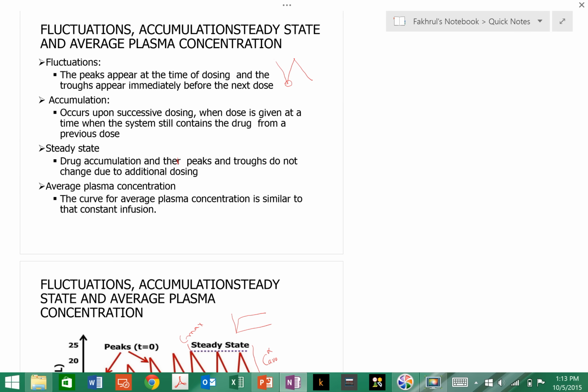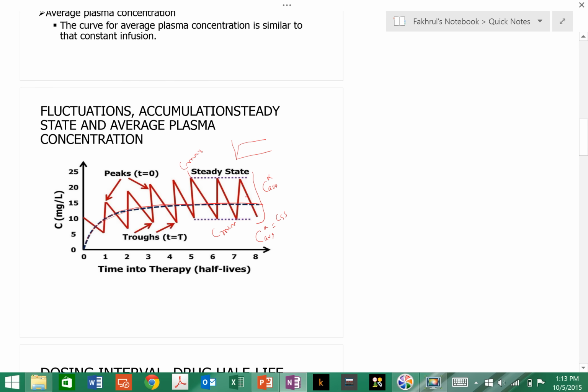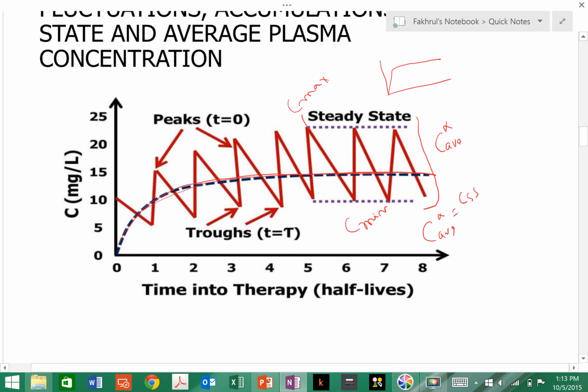Average plasma concentration: this is the average plasma concentration. In fact, you can calculate average plasma concentration based on Cmax and Cmin. So these are two terms: Cmax, Cmin, and average plasma concentration. Average plasma concentration is very similar to steady state plasma concentration.